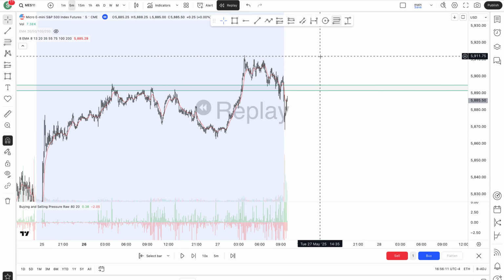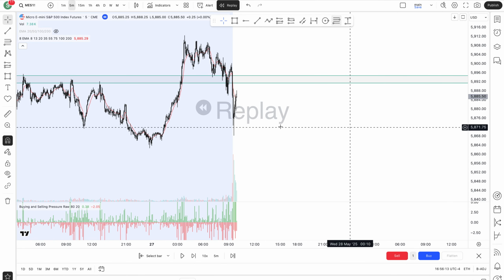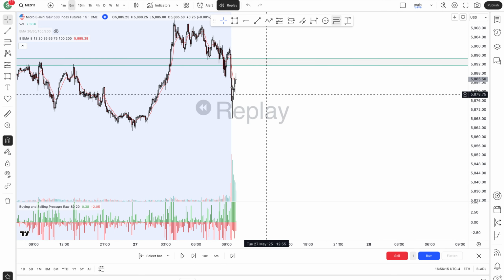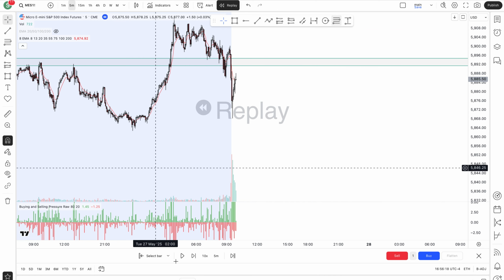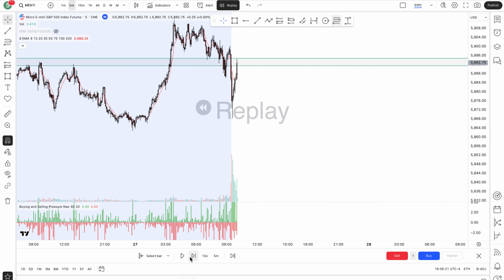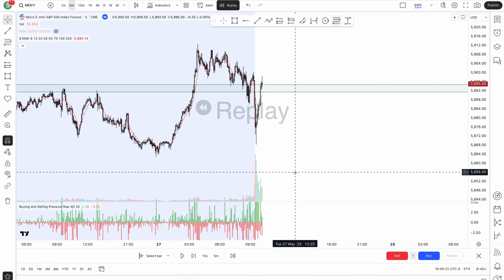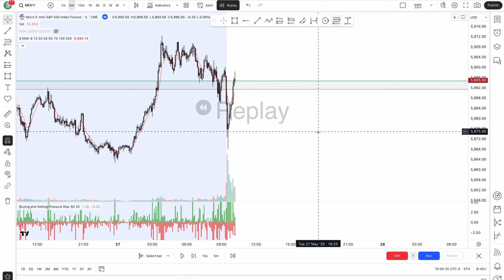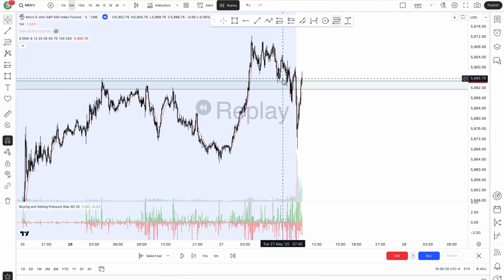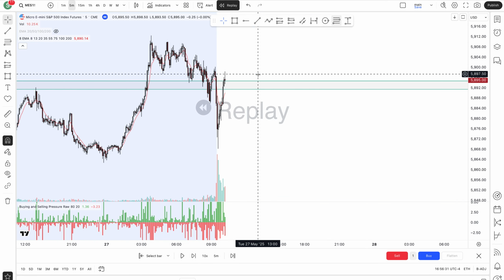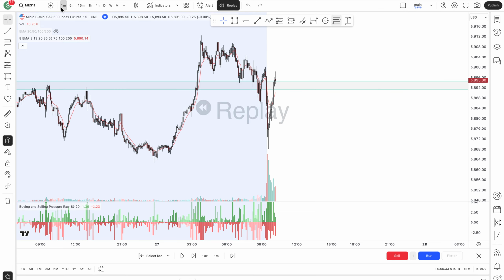So now market open, this is all I'm looking for. If price can get back above here and hold, then I'll look to take it up into the 5912. Okay, and we get a nice break. Clearly see here at this time we are above this zone, so I'm simply waiting for a retest.